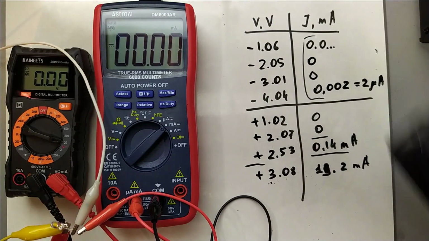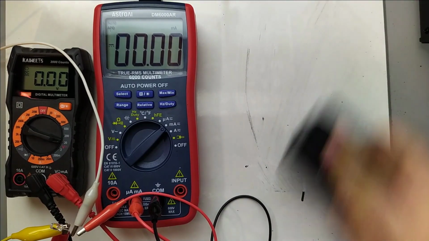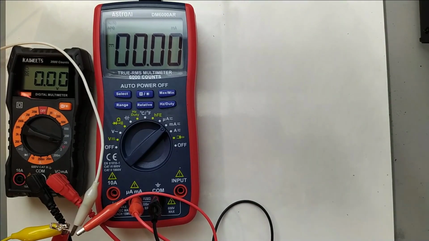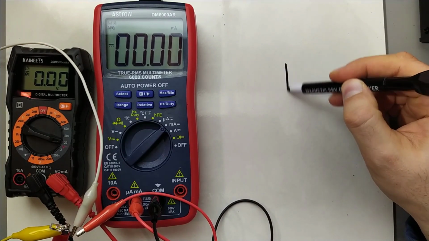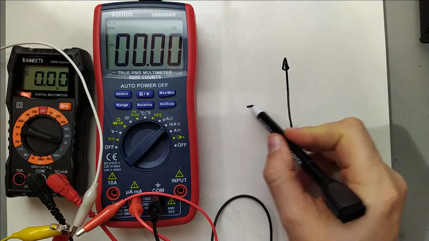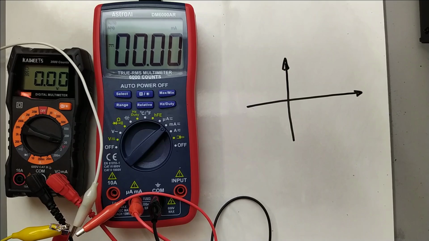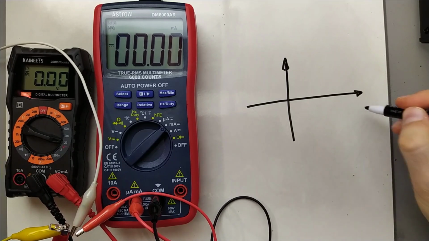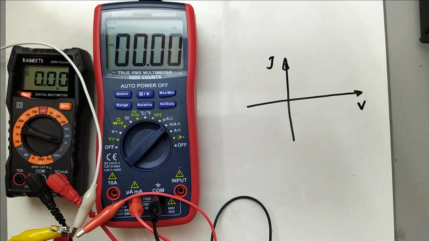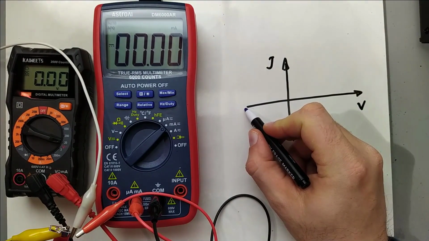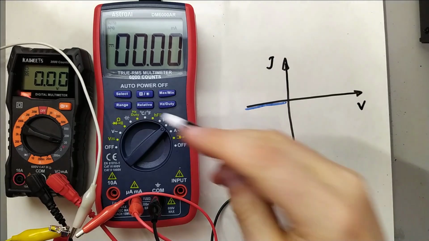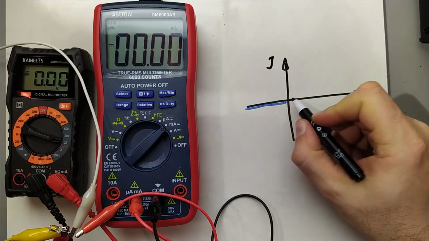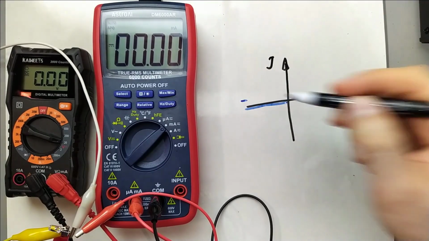So what it means, if we now try to represent it in general, not being very precise with the measured data, the current voltage characteristic of a blue LED in our case, where we have here voltage, here is current, we can say that it was very small current, which was barely measurable by our available multimeter, at reverse bias, so here we have a negative bias.